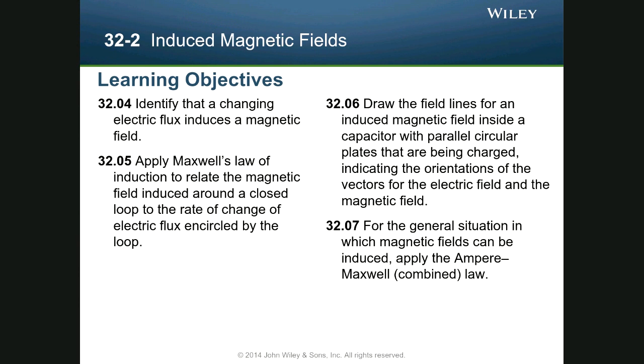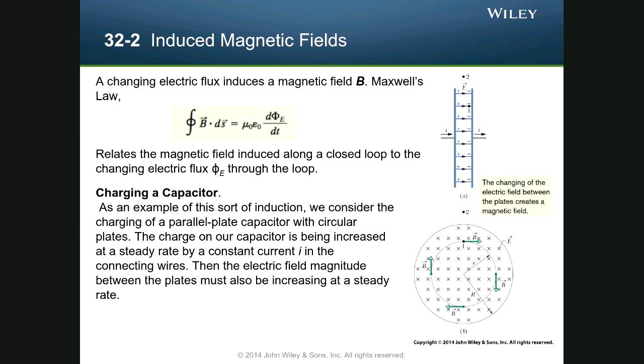Now, we want to look at induced magnetic fields. They sort of give away the cat and mouse here. If we look at the integral of B dot ds, you're going to notice that it looks a little funny. We just wrote a minute ago that the integral of B dot ds is equal to mu naught I. This is Ampere's law.